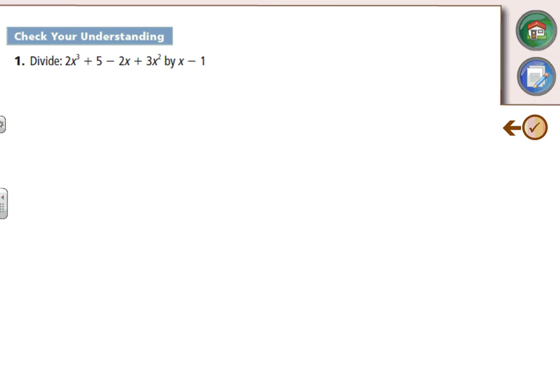All right, let's try this one out now. Good idea for you to try to get ahead of me here and see if you can do it. Well, first thing you look at it and say, okay, that's not in the right order. I need to adjust that. So the plus 3x, that's got to go up over here.